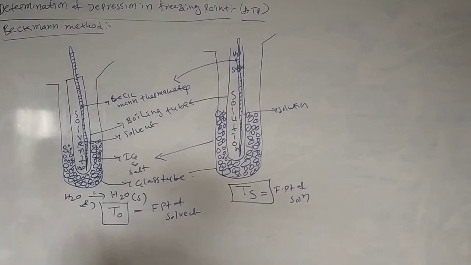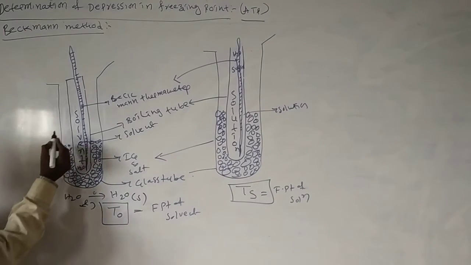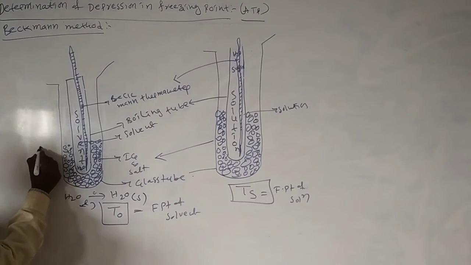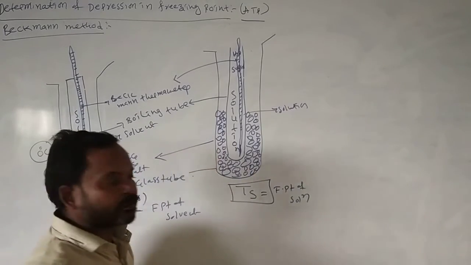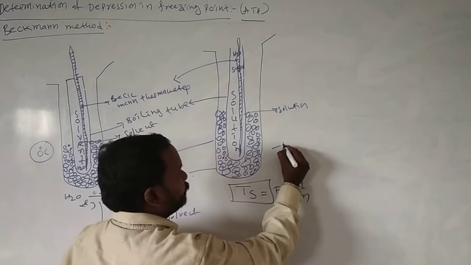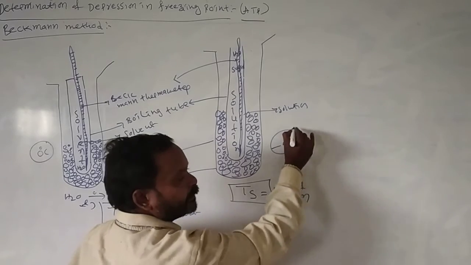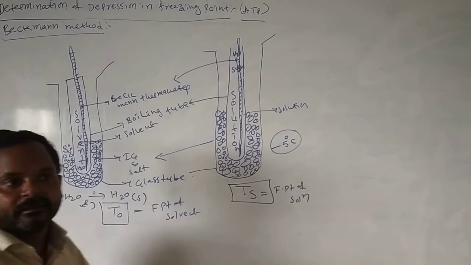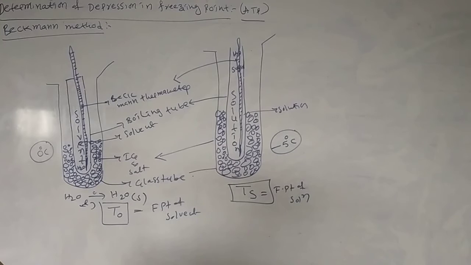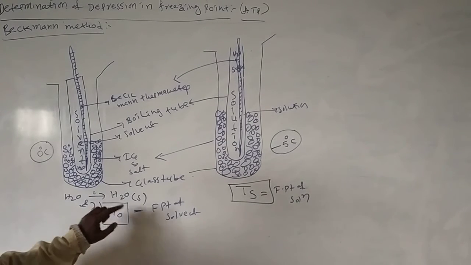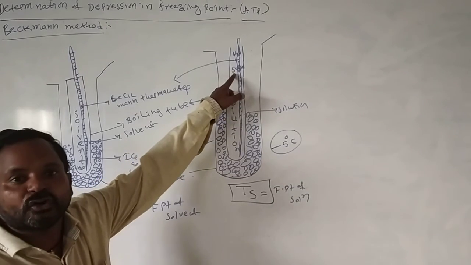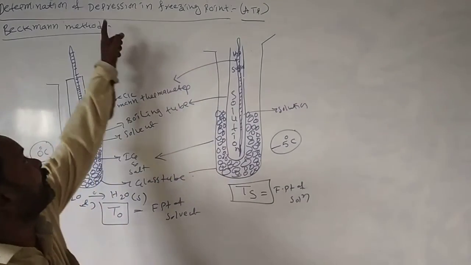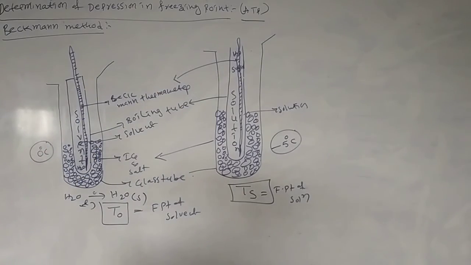For example, the freezing point of water is 0 degrees centigrade, and we observe the freezing point of the solution is -5 degrees centigrade. What does it mean? The freezing point of the pure solvent decreases by the addition of non-volatile solute. It is called depression in freezing point.